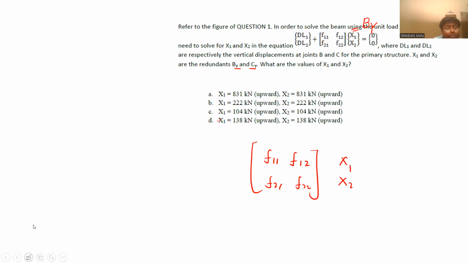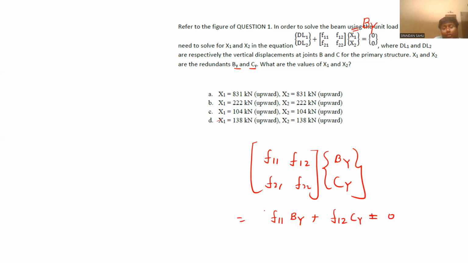Let us write By and Cy, and this is a vector. So when you multiply, you will get F11 By plus F12 Cy equal to 0, and the DL matrix is there. I am not writing it. Similarly, F21 into By plus F22 into Cy equal to 0.